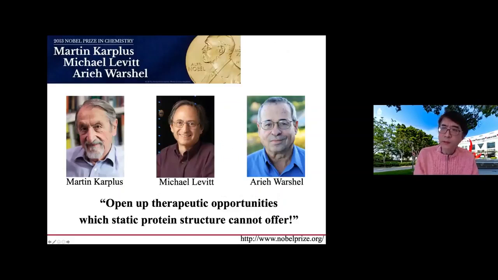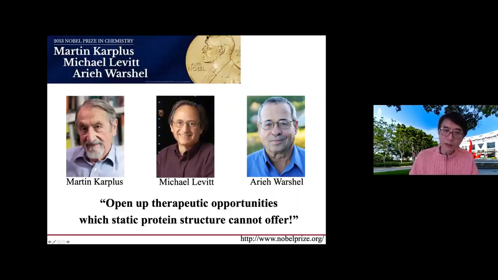In 2013, the Nobel Prize in Chemistry was given to 3 scientists, recognizing the opportunities of simulating protein motion and its implication for drug discovery, right? These 3 scientists are Martin Karplus, Michael Levitt, and Arieh Warshel.